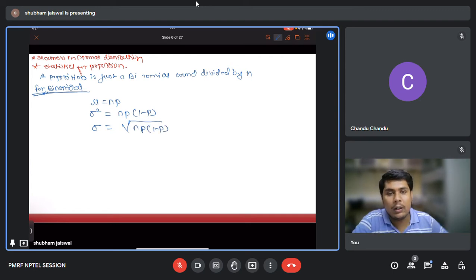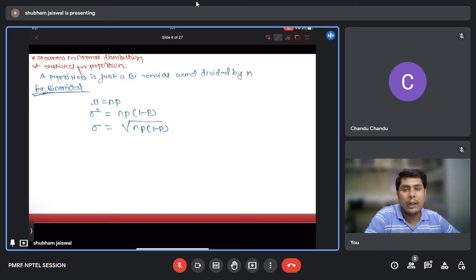If we divide this binomial by n, we will get the proportion. That is the statistic, that is the proportion for which we will be calculating the distribution.